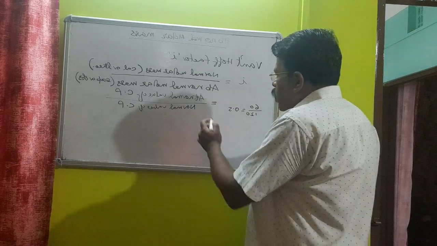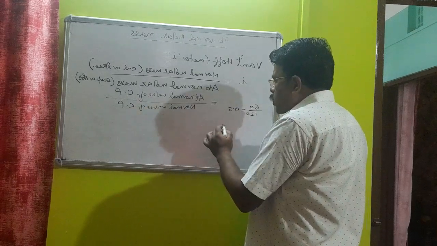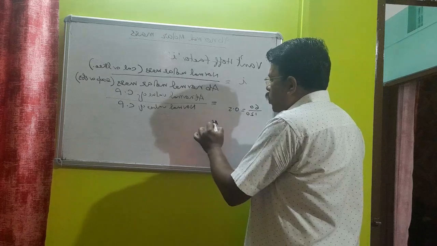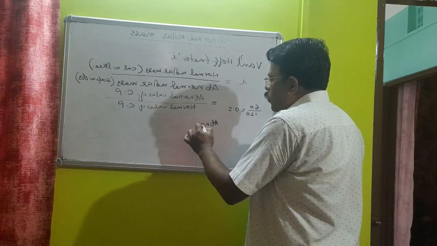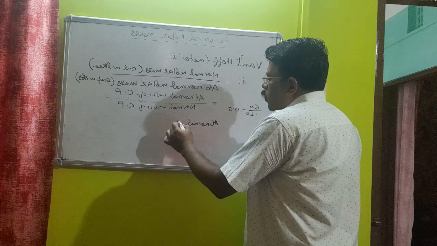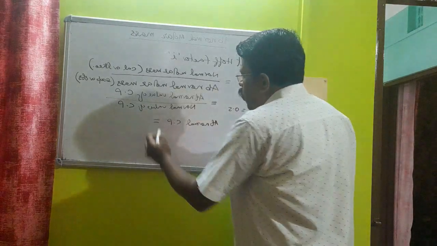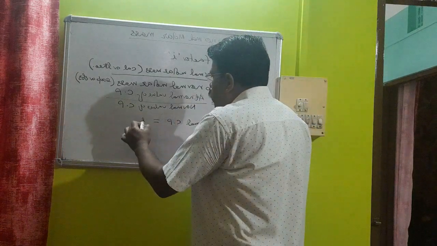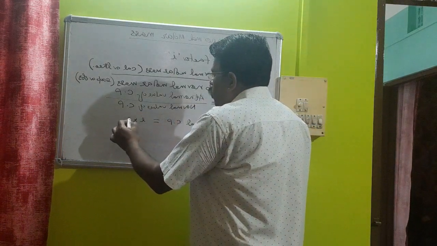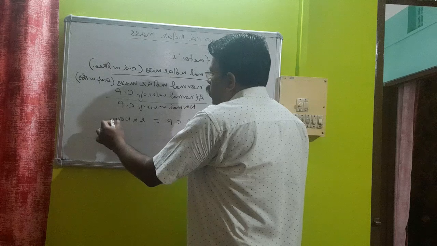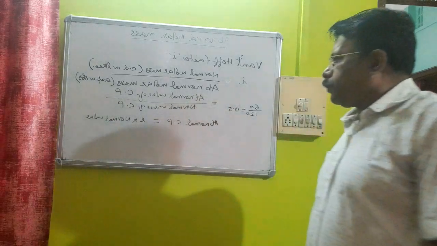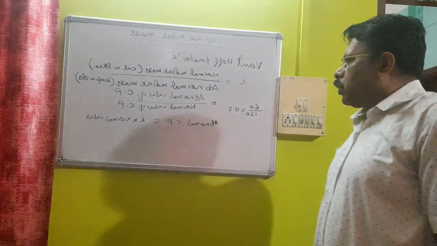Okay, so from here what we get is, abnormal value of colligative property will be i times normal value of colligative property.